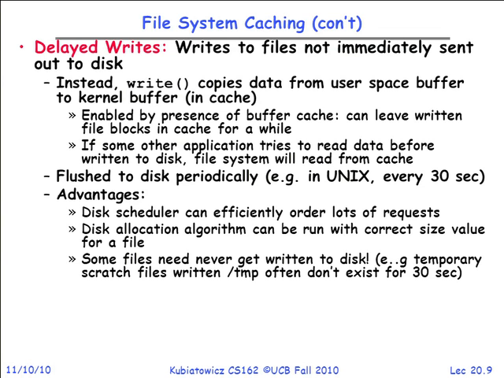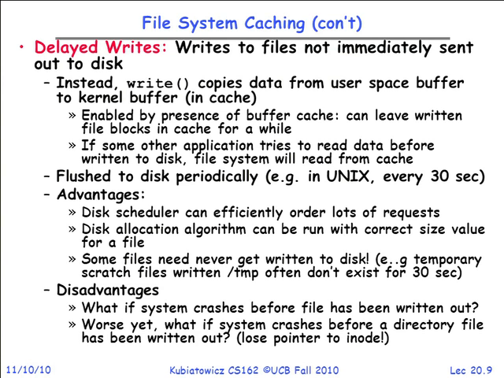So the disadvantages, of course, of this system, as I've described it, is what if the system crashes before the file has been written out? And you cared about the data. Well, then you just lost the data, and you probably care even more. Okay? And here's a great example. Suppose you're writing things out, and the inode never gets written to the disk, but the data does.